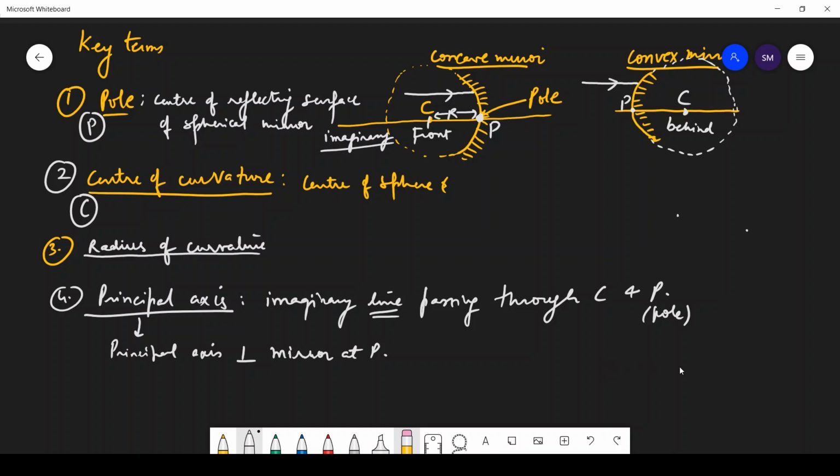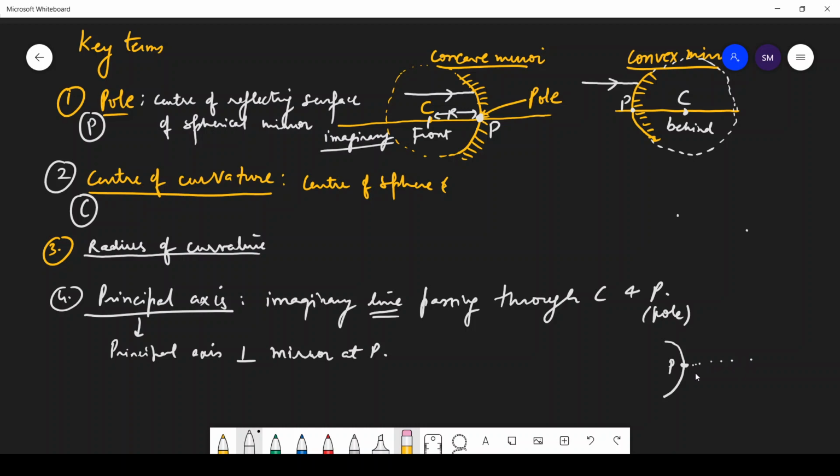See, one thing you need to understand, in physics, this is the reflecting surface, this point P. Now I am going near to this point P. I was watching it from here, now I am going near.